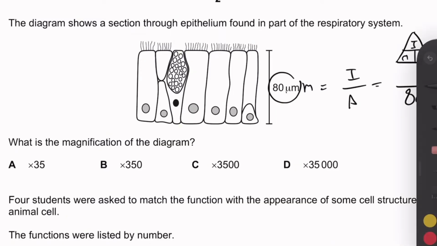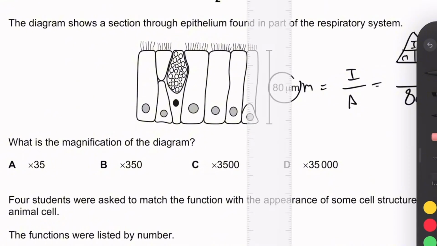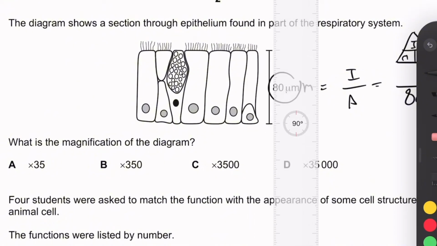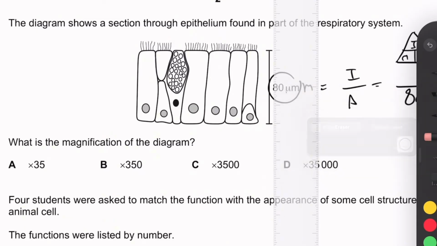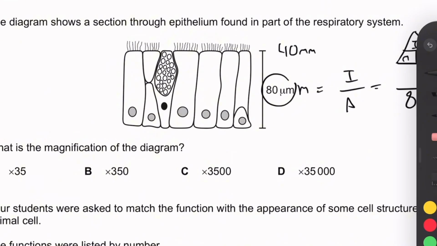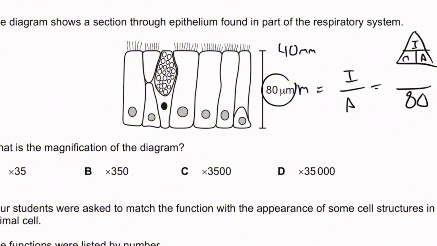If you want to do that, you're going to use this scale over here. So the actual length would be 80, but the scale over here is actually 4 centimeters. Since it's 4, that means it's 40 millimeters, because from 1 centimeter to millimeter you multiply by 10, and then we need to convert that to micrometers so that they're in the same units. From 1 millimeter to micrometer, that's 1,000 units.